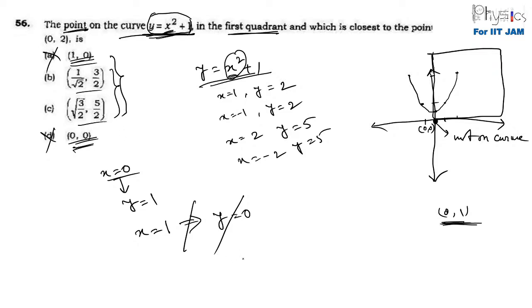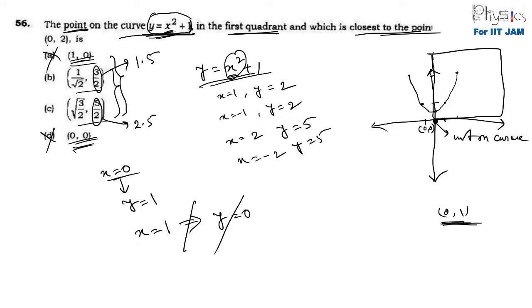Now, how to find which is the closest point? See, there are two ways. First of all, see, it is 3 by 2, that means 1.5, and this is 5 by 2, that means 2.5.